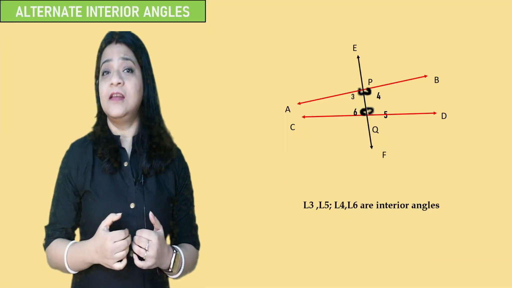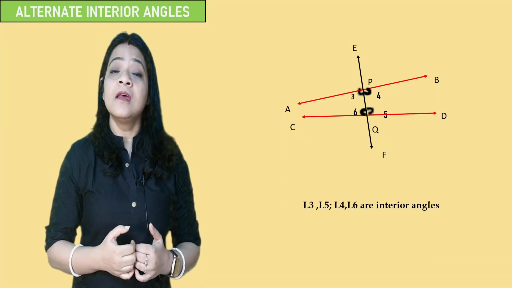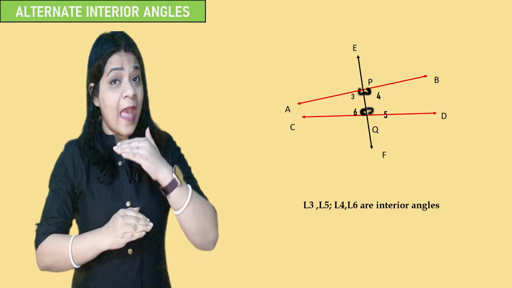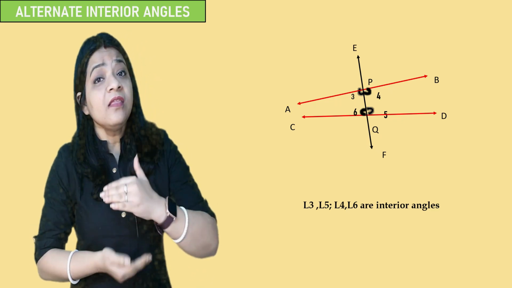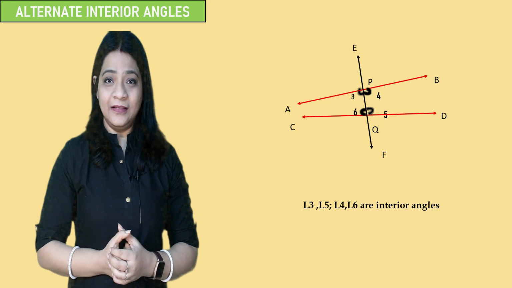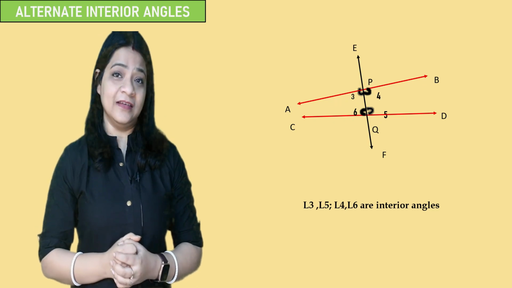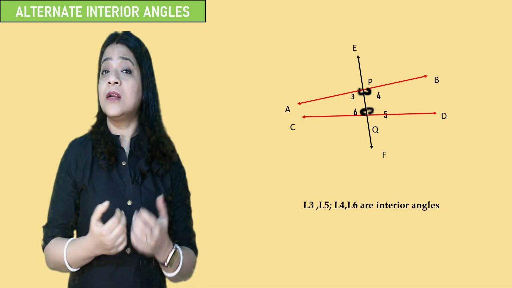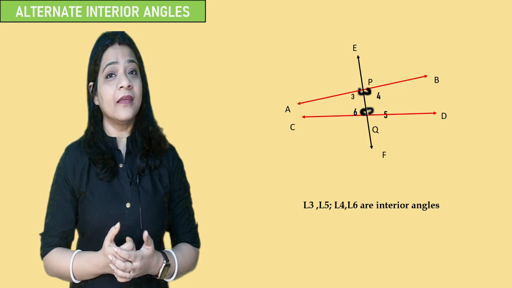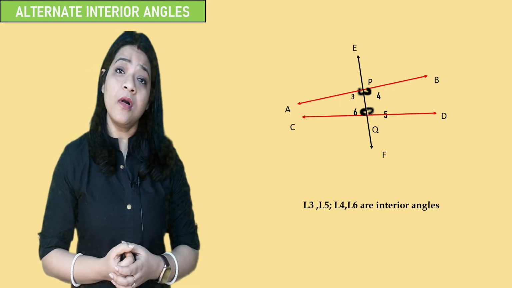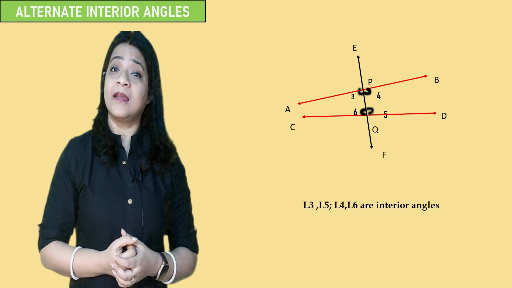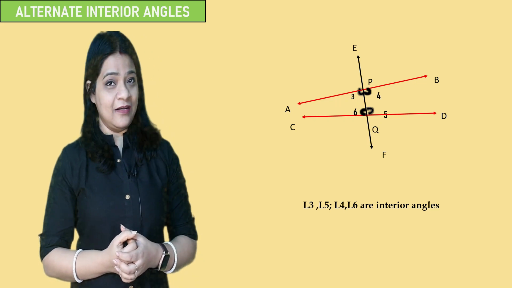Now interior. The angles that are formed within or inside the lines are called interior. So over here, what are the interior angles? Angle 3, angle 4, angle 5 and angle 6 are interior angles.